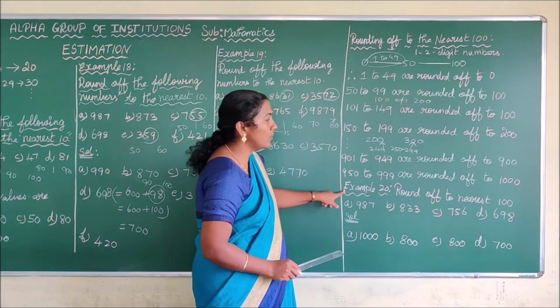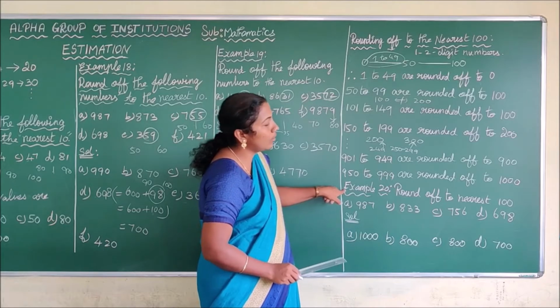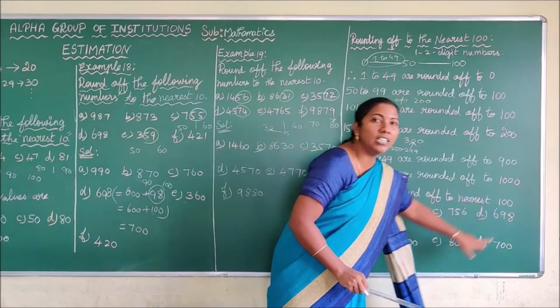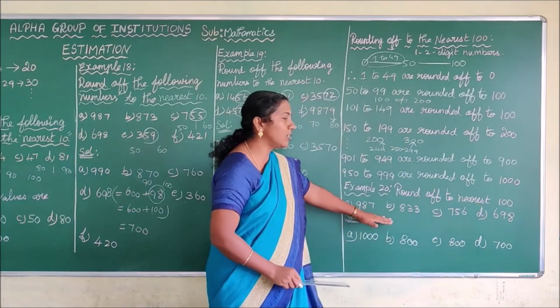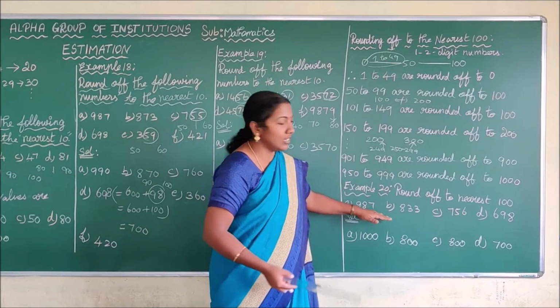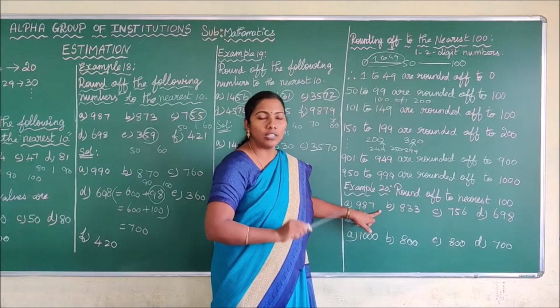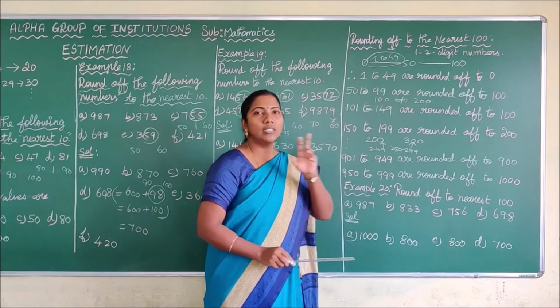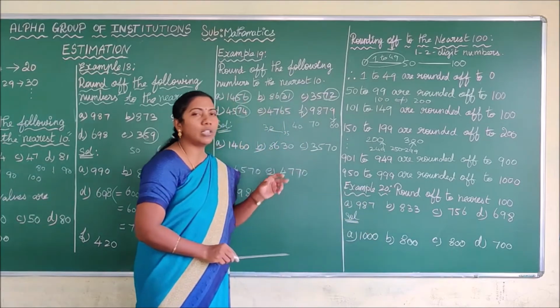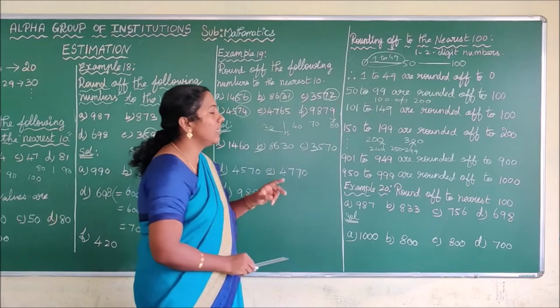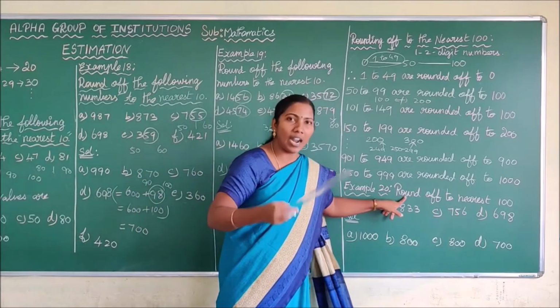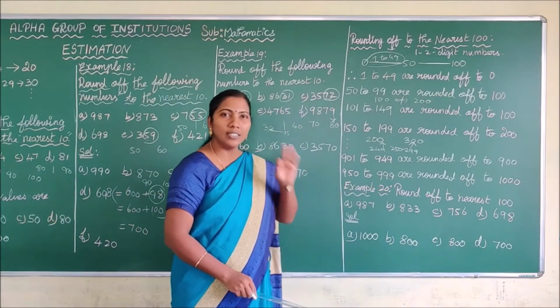See the next one. Round off the given number to the nearest 100. That is, we have to round up the given values to the nearest 100. See the question 987. Here we have to consider the whole number. To the nearest 10 means you have to consider the last two digits. Here they ask to round up to the nearest 100, which means you have to consider the 3 digits.